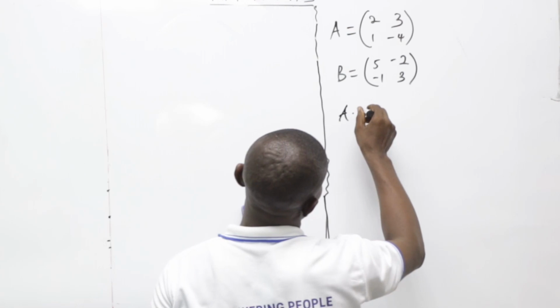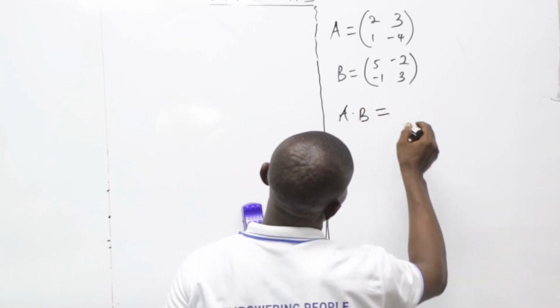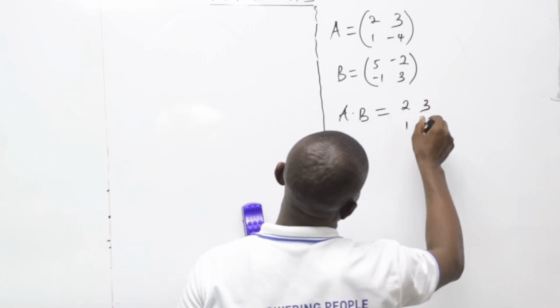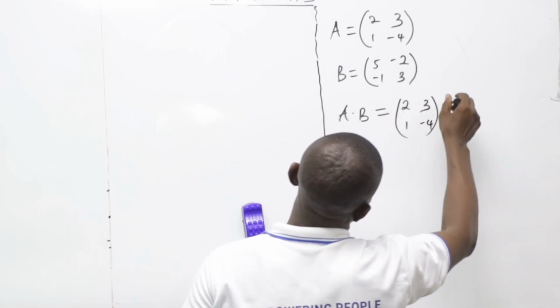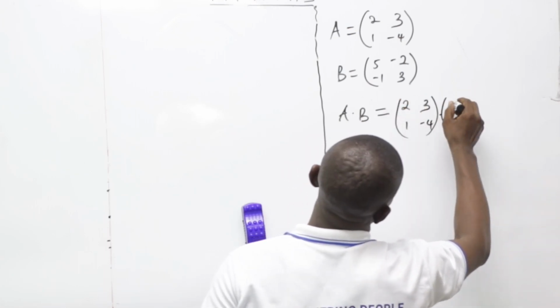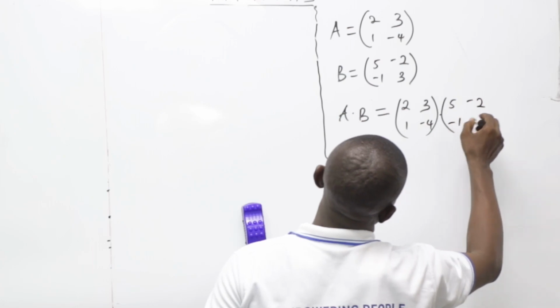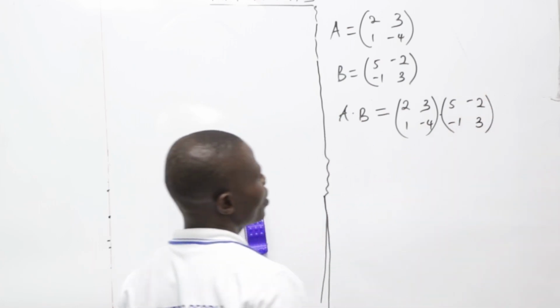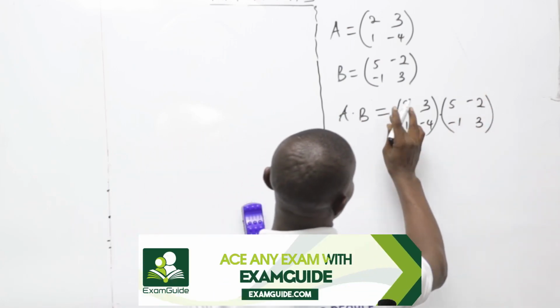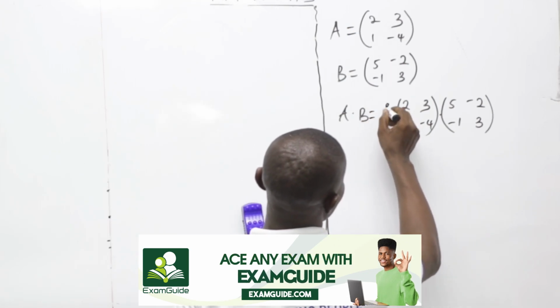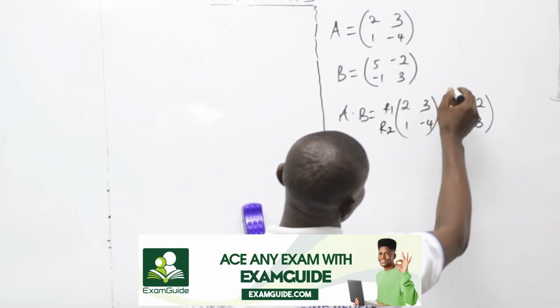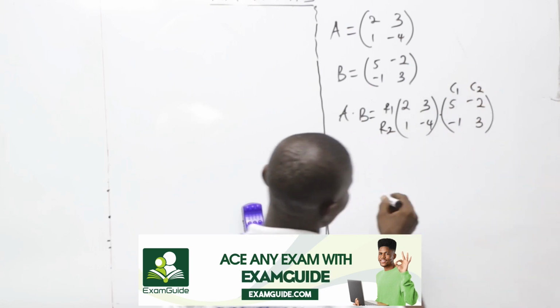A dot B equals 2, 3, 1, minus 4 dot 5, minus 2, minus 1, 3. By the rule, let us say row 1, row 2, column 1, column 2.